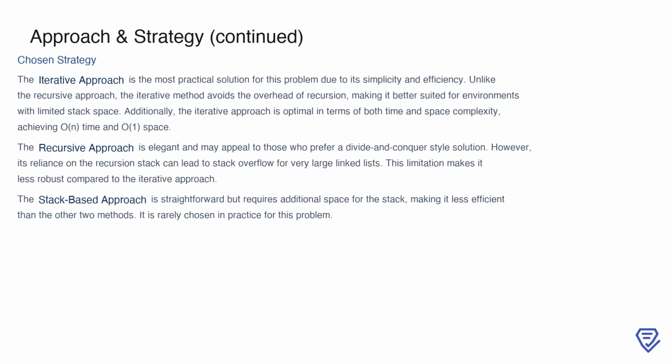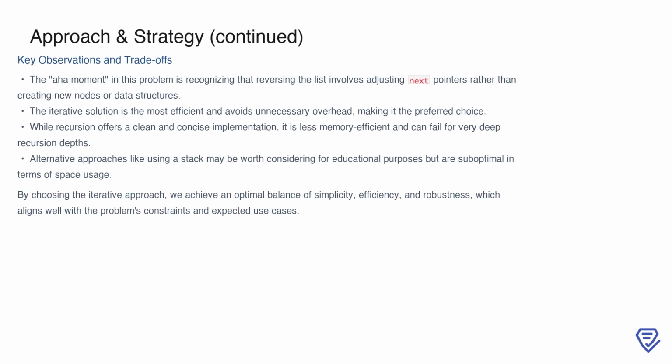most use cases. Reversing a linked list boils down to a key insight: the operation revolves around adjusting the next pointers of nodes rather than creating new nodes or data structures. This realization simplifies the problem significantly. The iterative solution stands out as the most efficient and reliable method, as it avoids unnecessary overhead and handles edge cases gracefully.